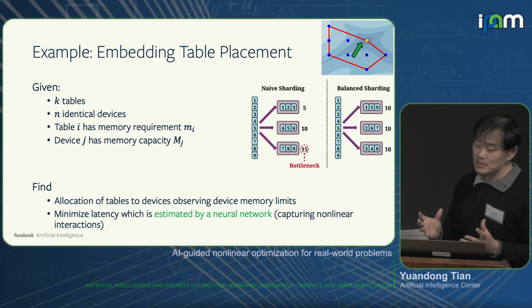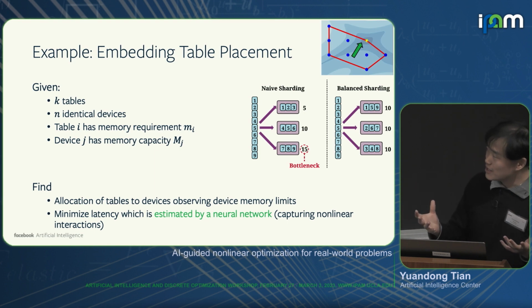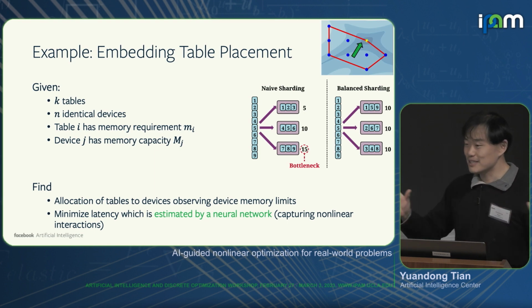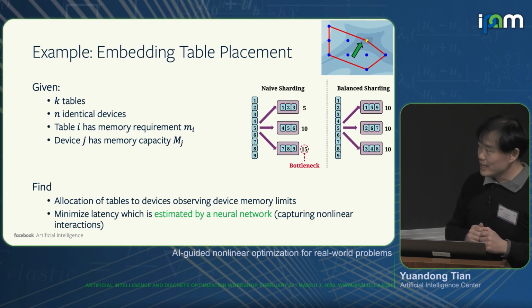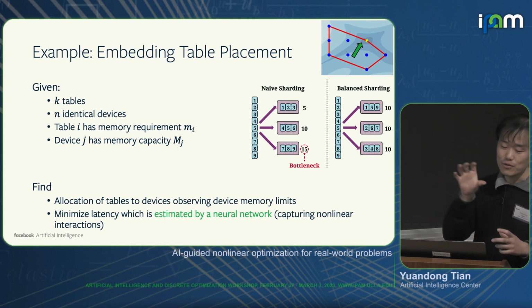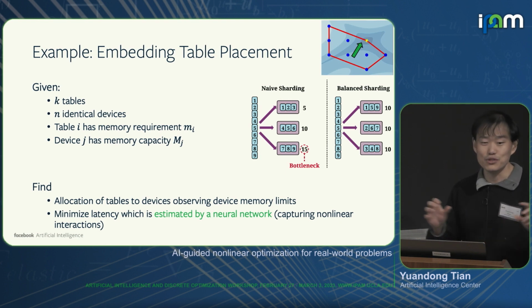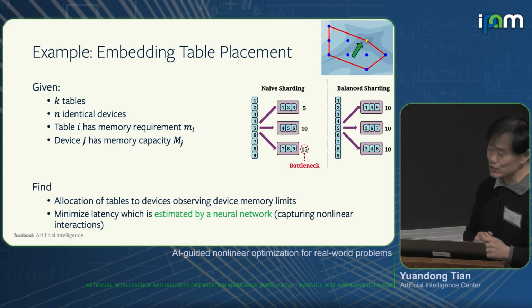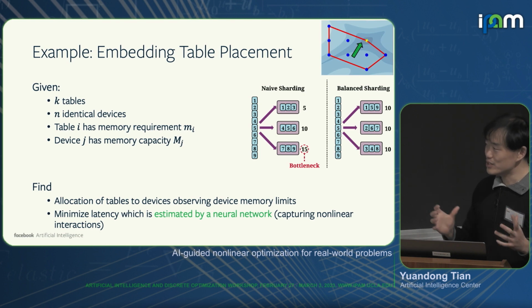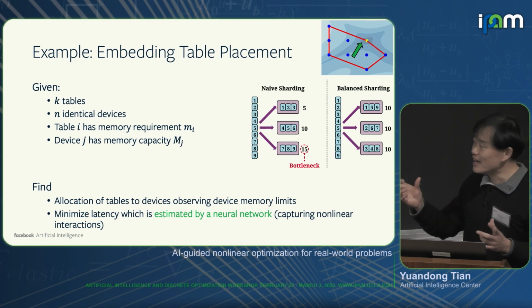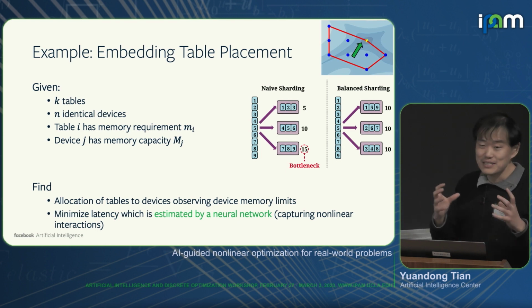In that problem, from a mathematical point of view, you have k tables, which are the embedding tables, and you need to put these k tables into n identical devices. These devices mean GPUs. In order to place them, you have a constraint. The constraint says this table i has memory requirement mi, and each device has a capacity.